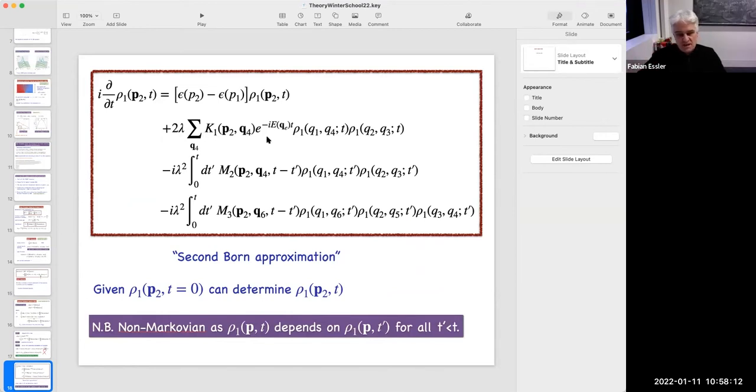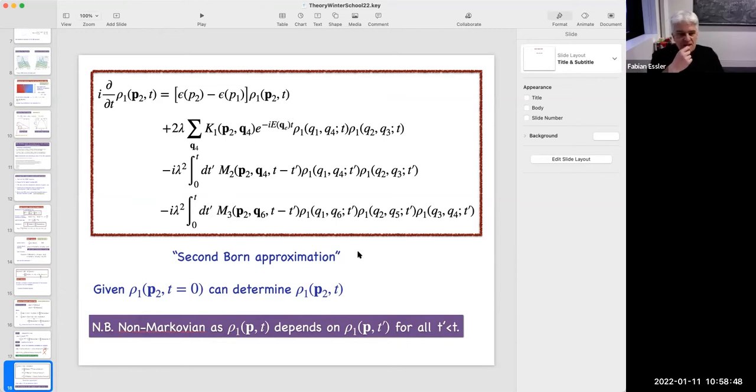So you get a first order piece, which is quadratic, and then you get second order pieces, one which involves two of these single particle Green's functions, and one which involves three. Now, this is a closed evolution equation for the single particle Green's function. And this particular equation is called the second Born approximation.